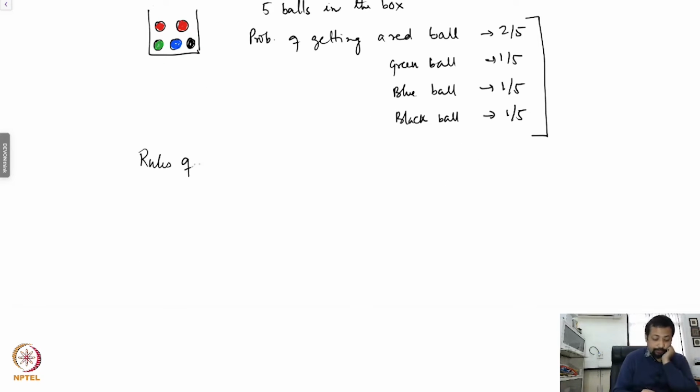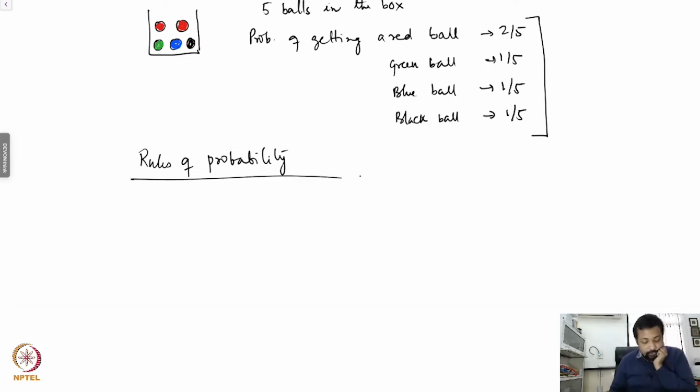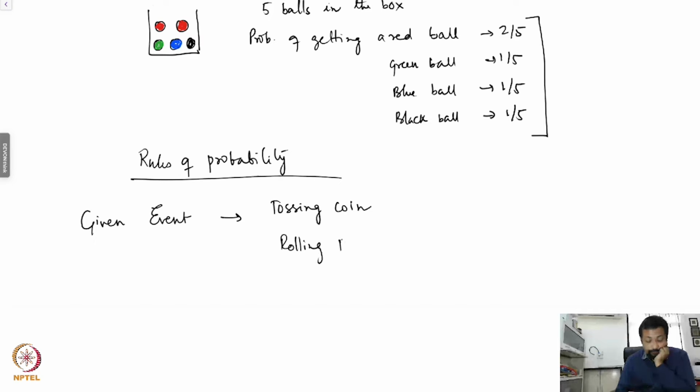Let's write it down. You see that for a given event, which could be tossing a coin or rolling a die, there are outcomes. We will call these outcomes omega i.